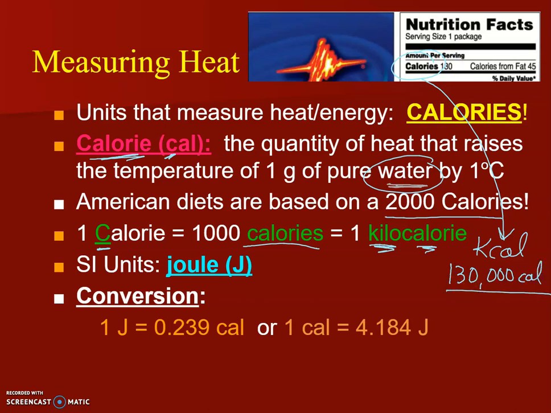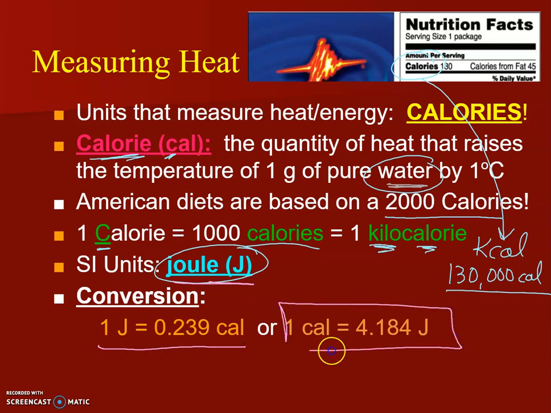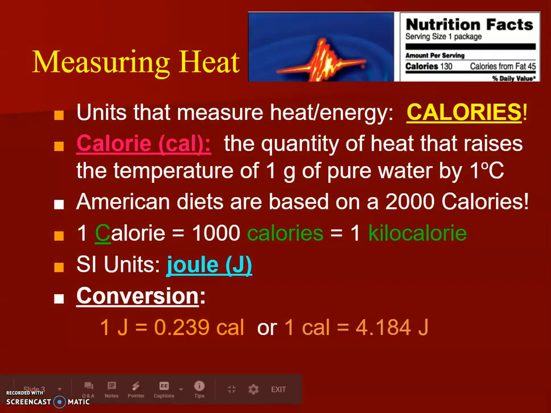In the scientific community, we end up using joules. We know that a joule is about a quarter of a calorie, but the conversion factor that we use, and we'll see our number appear again, is 4.184 joules is equal to 1 calorie of energy.